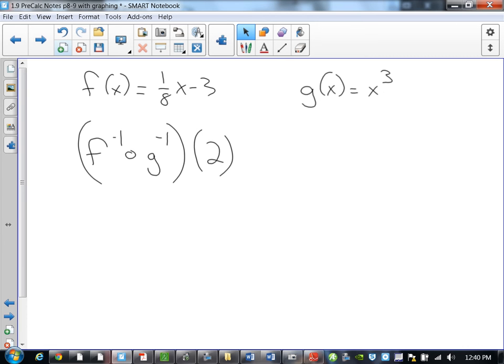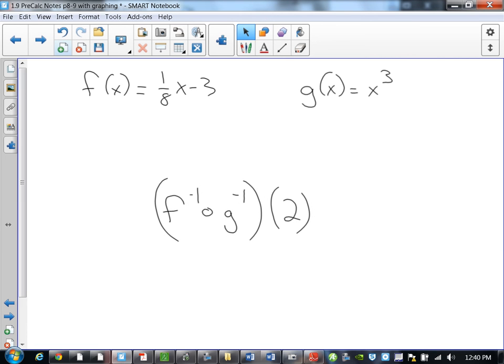You do it the same way. This is a composite of functions again, but in this case, it's a composite of their inverses. So we have to find the inverse of the... Basically, yes. So it's like the inverse of... A little bit more, but in essence, you're on the right track.